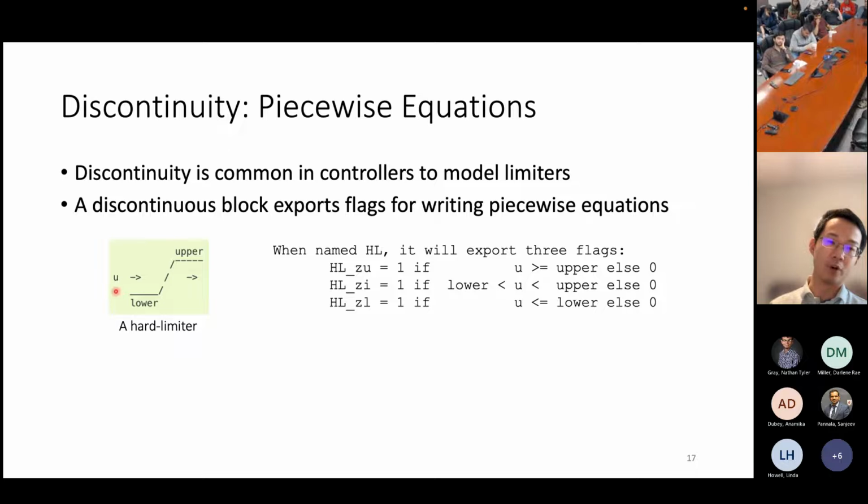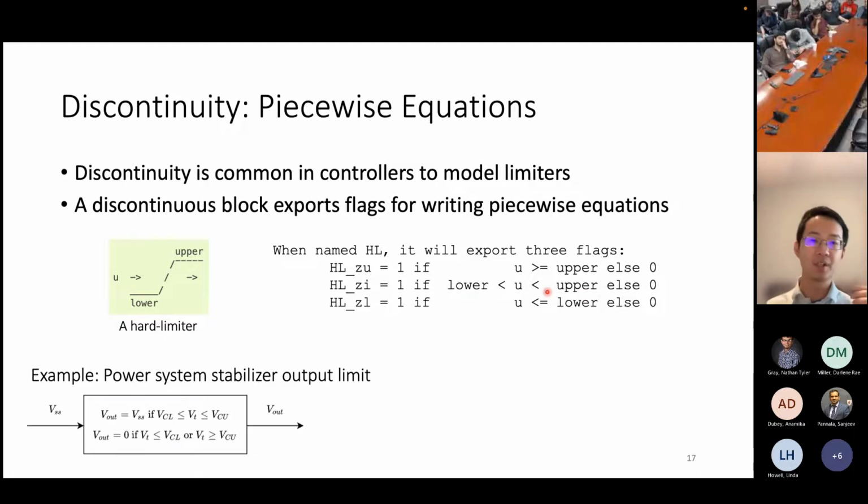It takes in one variable, checks whether it's within the bound or not, and exports 3 flags. These 3 flags indicate whether it's pegged at the upper limit, at the lower limit, or within the bound. By using these 3 flags, we can construct piecewise equations for this hard limiter.